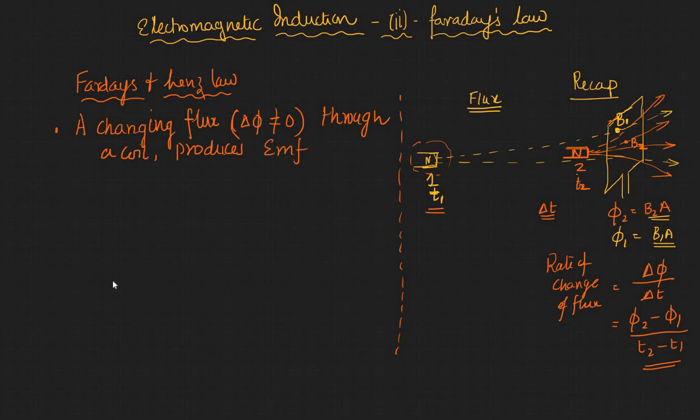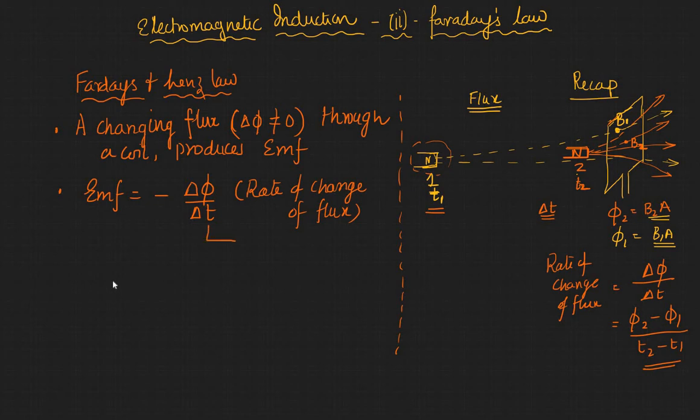That means that it produces current in the coil. And the EMF is given by the rate of change of flux. So this is what Faraday's law states.